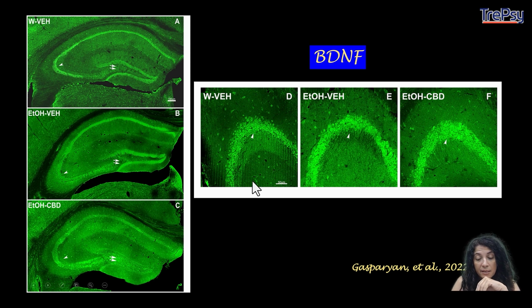So I can see in green my BDNF positive cells here on the hippocampus, here on CA1 of the hippocampus, and so I can see these positive cells in this part of the hippocampus.